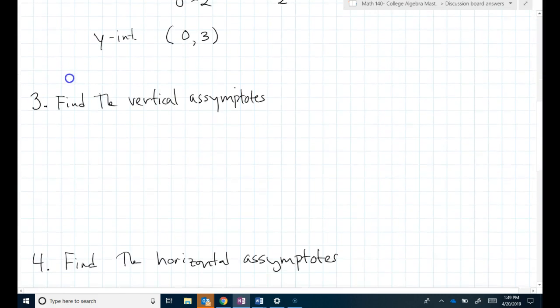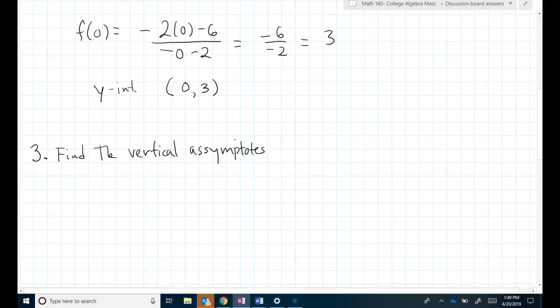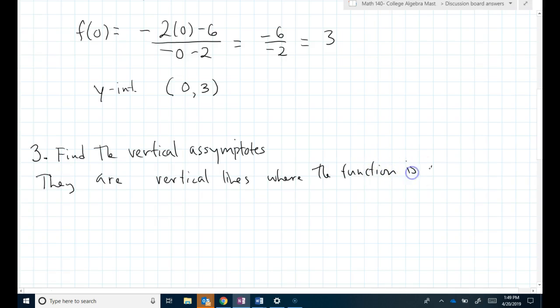Next up, find the vertical asymptotes. The vertical asymptotes are vertical lines where the function is undefined. For rational functions, that's basically where the denominator equals 0.